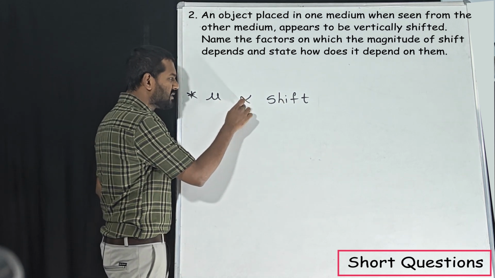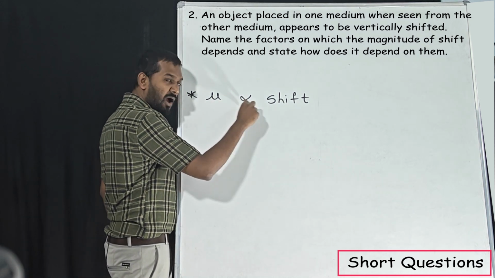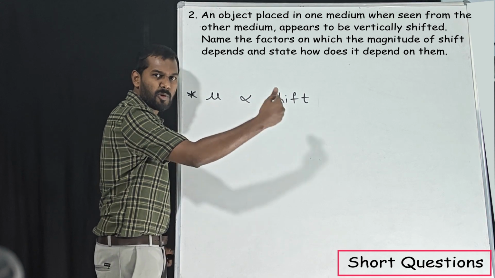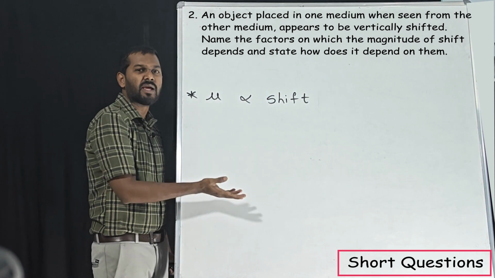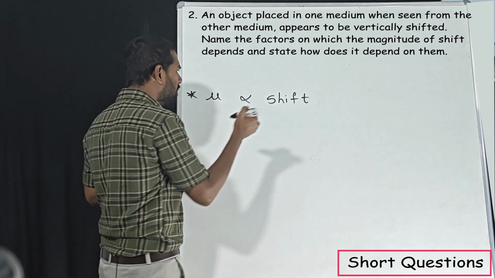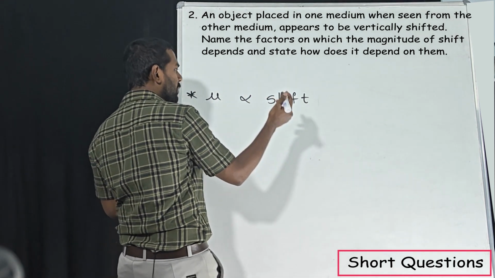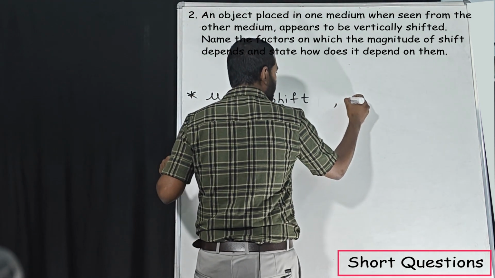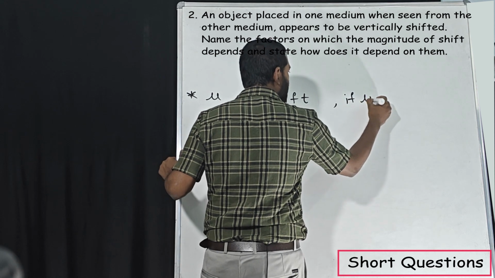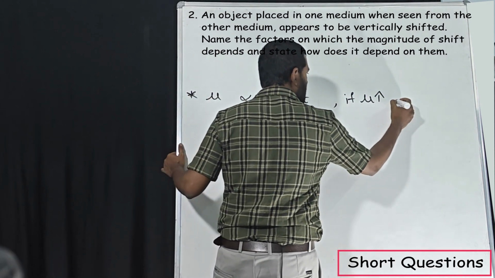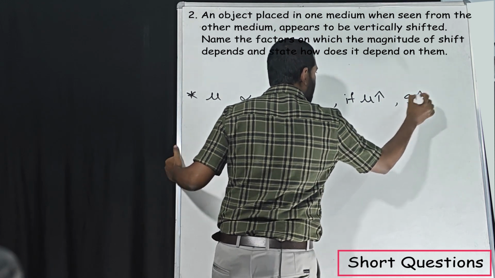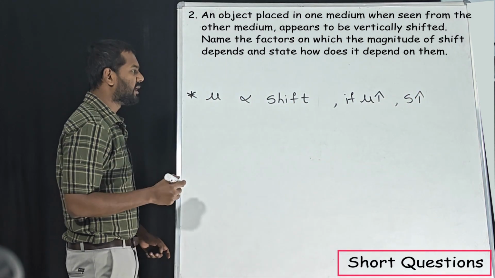Refractive index is directly proportional to, you have to write it, is directly proportional to shift. That means if refractive index increases, so the meaning of directly proportional, that means if refractive index of the medium increases, shift also increases.